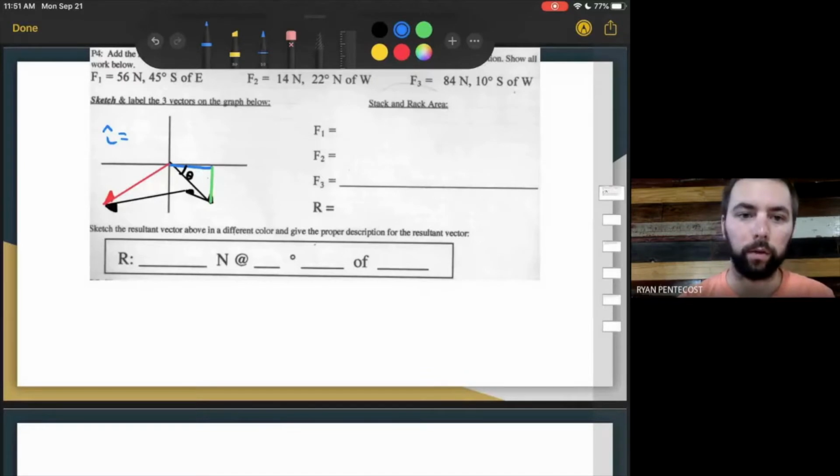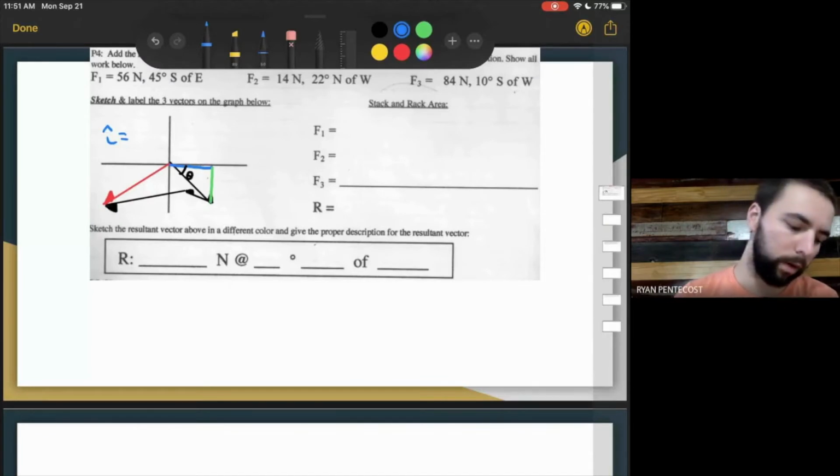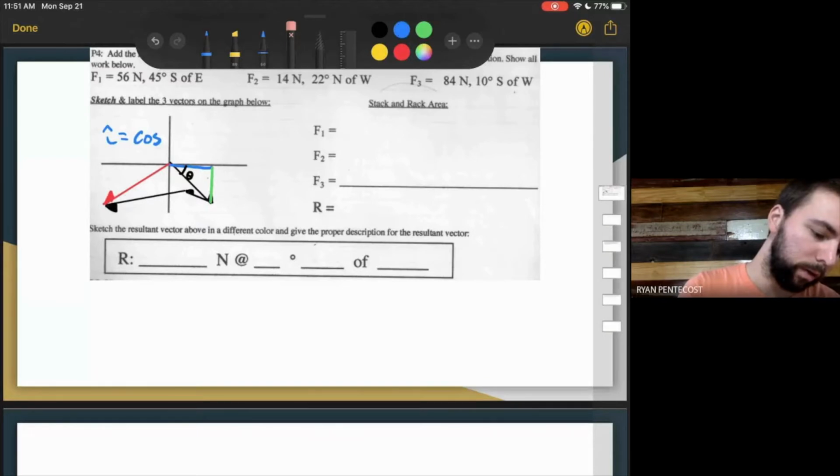Okay, we're back. So to get the i component of a vector, you will use cosine. You would take the magnitude of your vector, since it's F1, and multiply that by cosine theta.